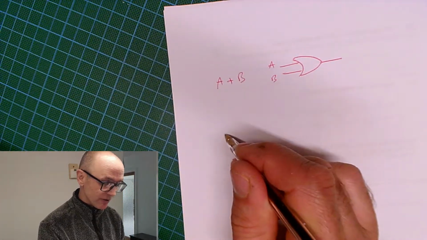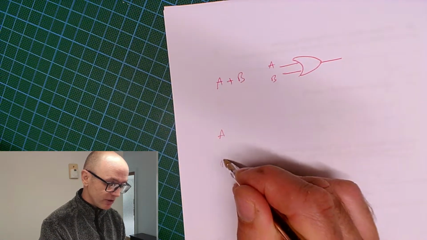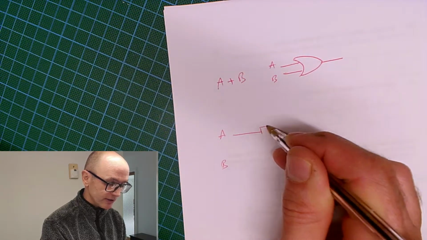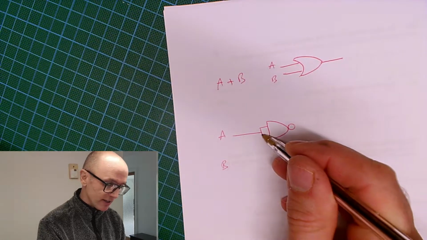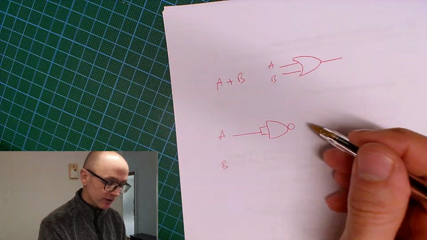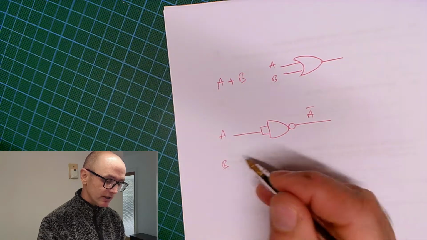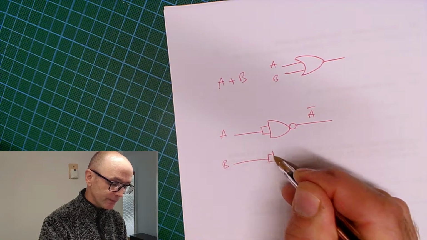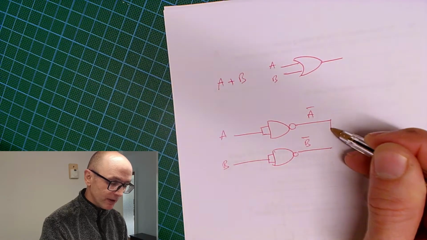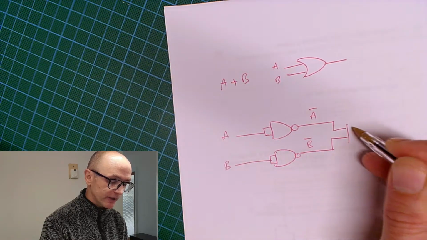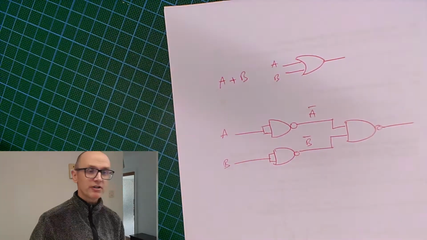And what I said to you a moment ago was that we can do it like this with 3 logic gates. Use a NAND gate, just tie the 2 inputs together, so that makes it a NOT gate. So that's NOT A, and that's NOT B, and then let's bring those 2 together and take that through another NAND gate.